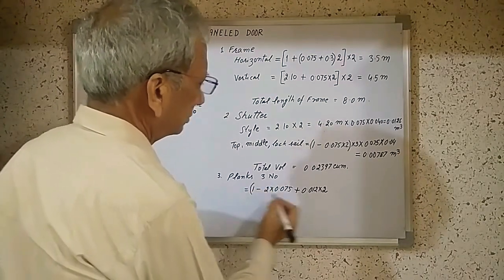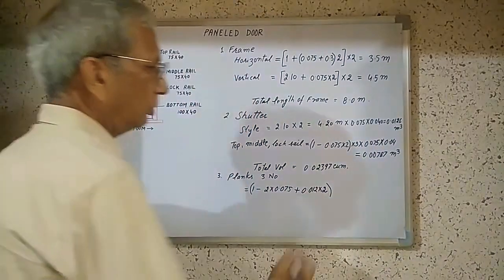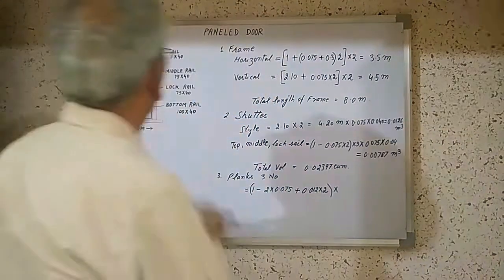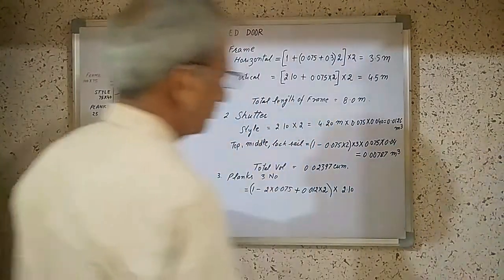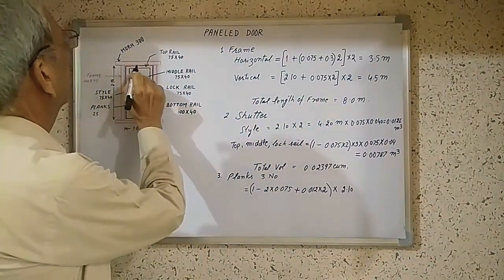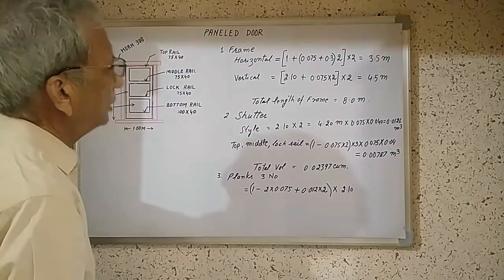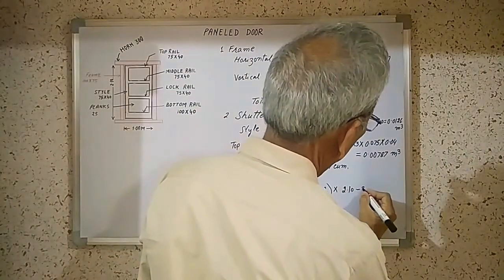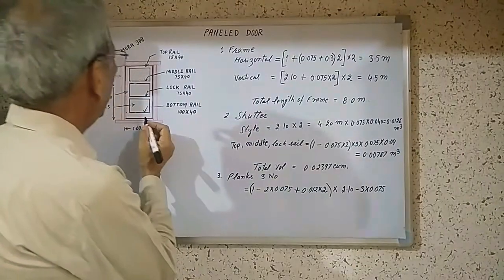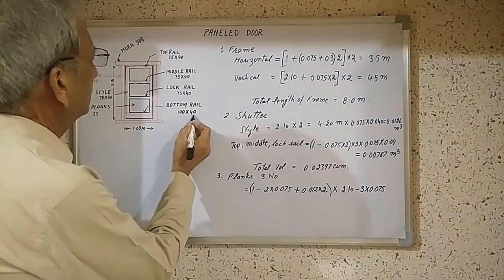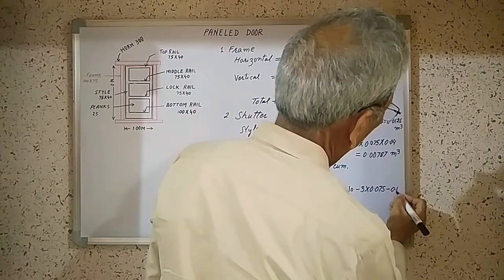This is the length of the plank. Now the width of the plank, we have total dimension 2.10 minus 1 rail, 2 rail, 3 rail having size 75 millimeter, minus 3 times 0.075. One bottom rail, this size is 100, minus 0.1.